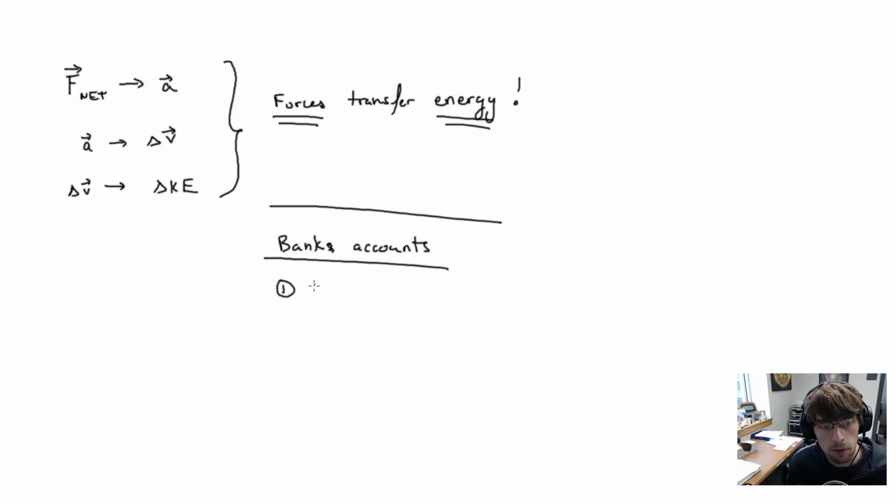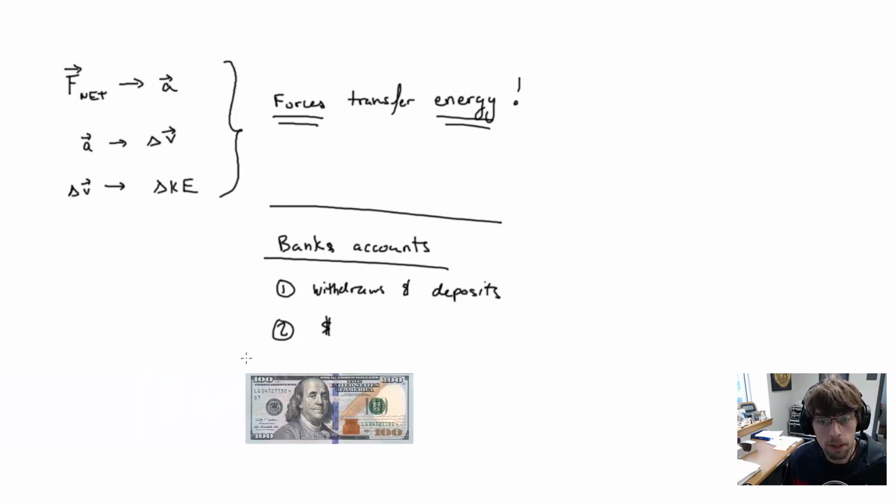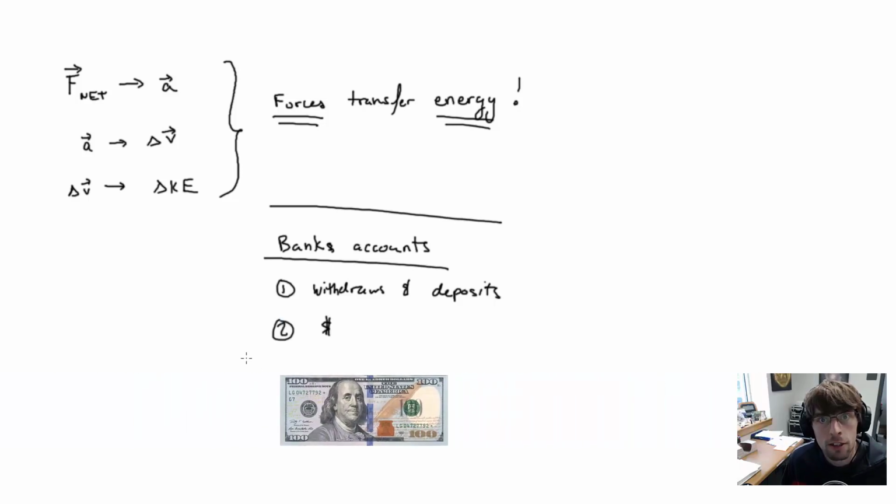So withdrawals and deposits. And ideally speaking, if I keep track of all the withdrawals and the deposits in terms of transfers, then I know how much is in my bank account. Of course, the much simpler way of doing it is just look at the money, right? Keep track of how much has actually been in there or how much is gone.